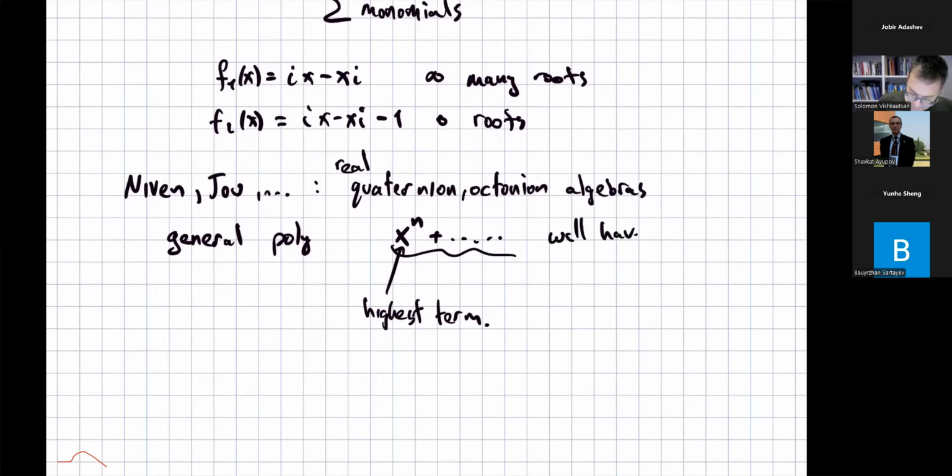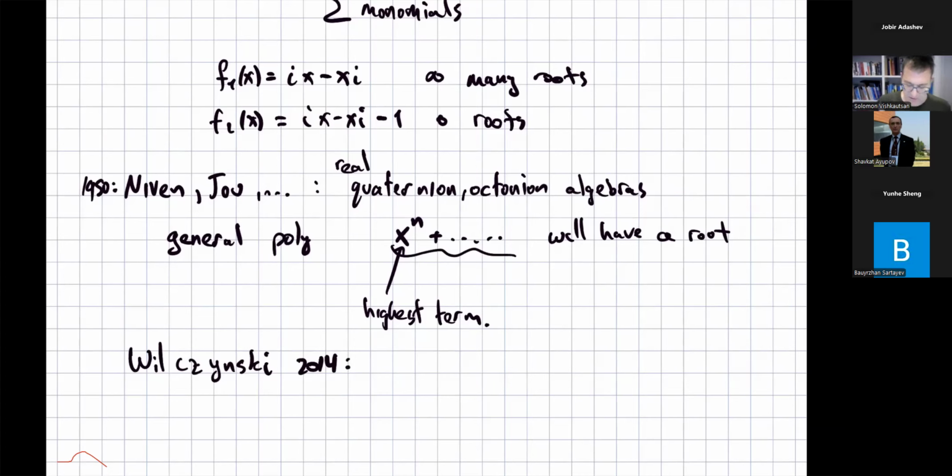And the most recent result in this vein is by Wilczynski from 2014. So these started from the early 50s, 1950 onwards.